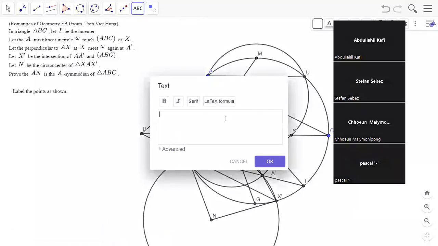So consider a square root of BC inversion followed by reflection over AI.